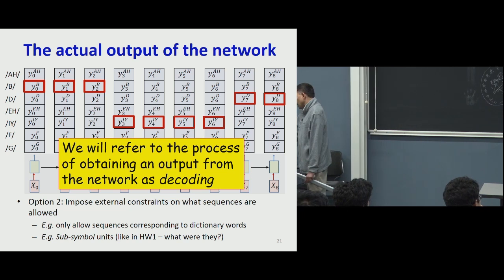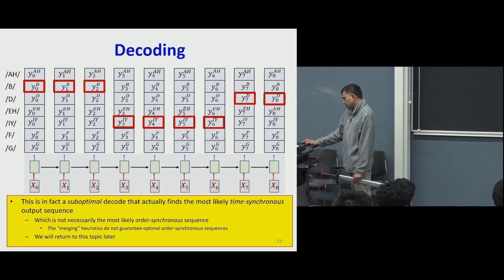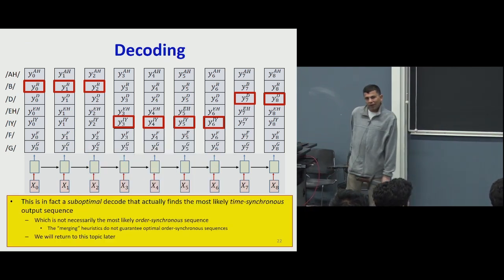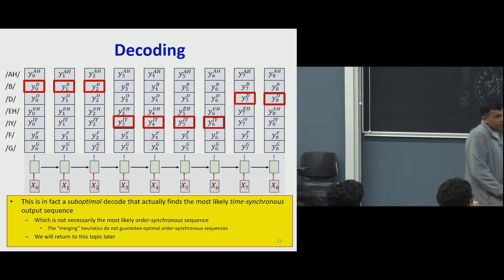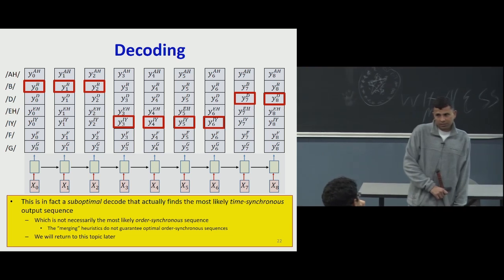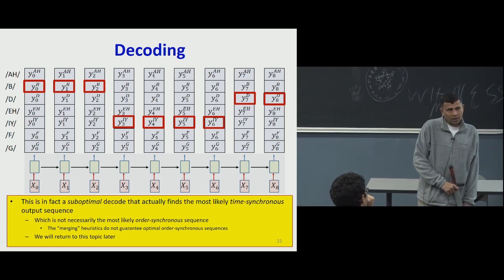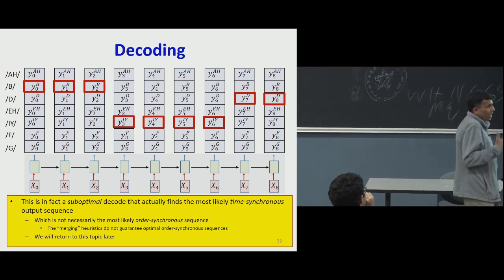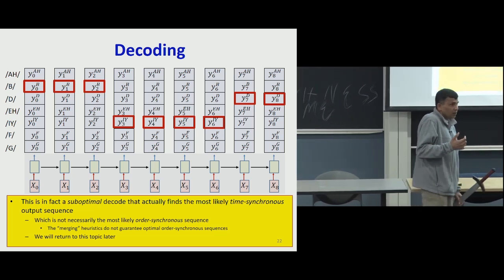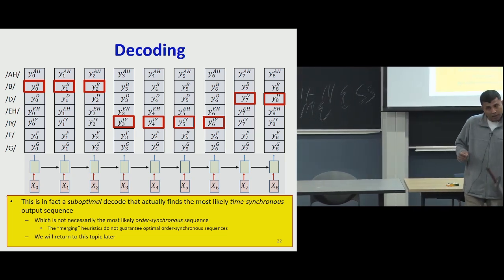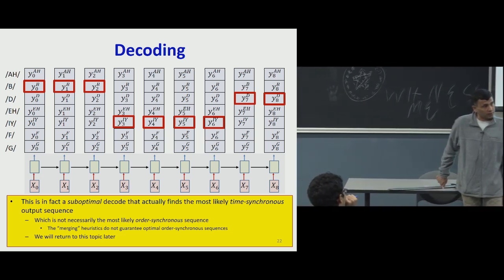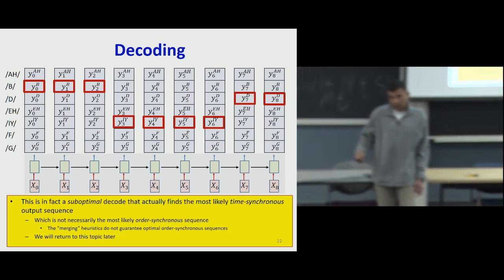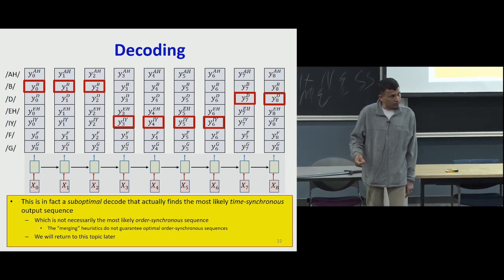Now, the fact that I said that you can be somewhat confident that this is the most likely symbol sequence, there's a reason for it. The reason is that what you're really looking for is an order synchronous but time asynchronous output, and what this is giving you is a time synchronous output.